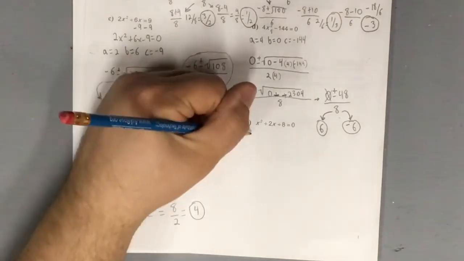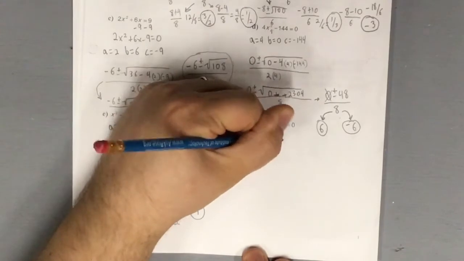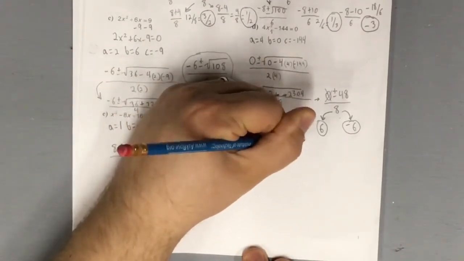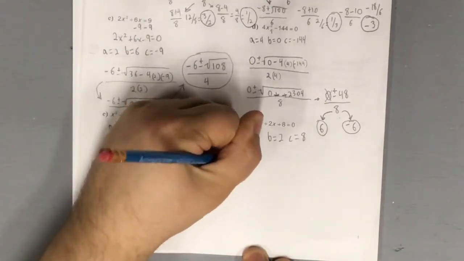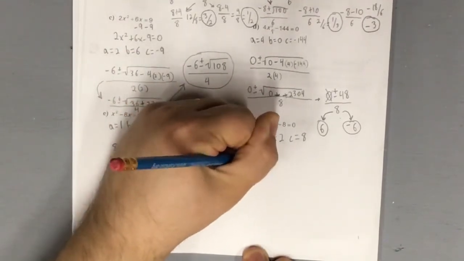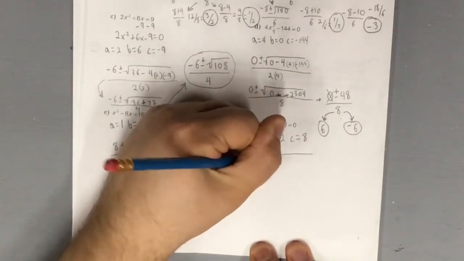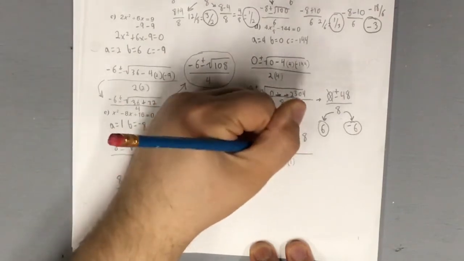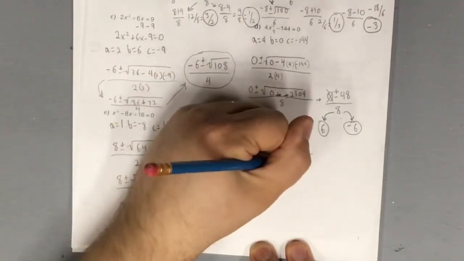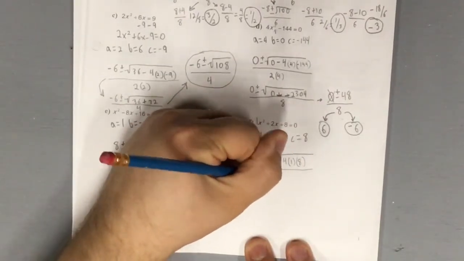This final one, I'm going to start with A is equal to 1, B is equal to 2, and C is equal to 8. When I plug this in, the opposite of 2 is negative 2, plus or minus the square root of 2 times 2, which is 4, minus 4 times A, which is 1, times C, which is 8, all over 2 times 1.